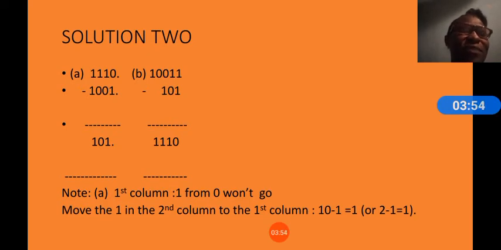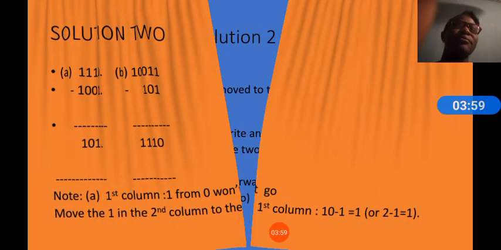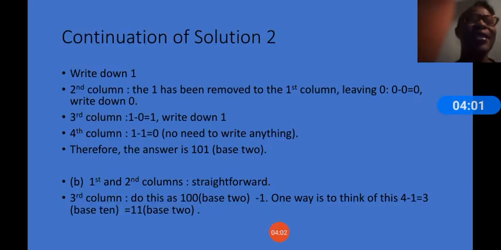Or if you do it in base 10, you will have 2 minus 1, which is also equal to 1. Then you write down that 1. You go to column 2. Then the one that has been removed to the first column, we leave that column 2 with 0. Now, if you say 0 minus 0, the answer is 0. So you just write down 0.